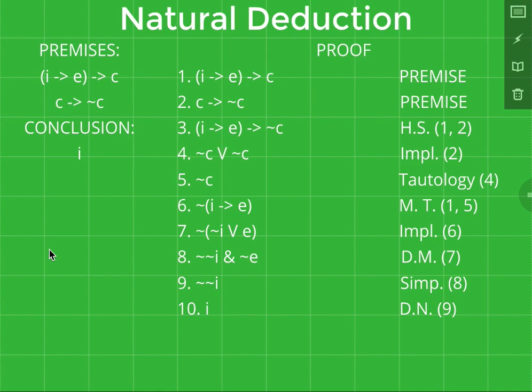For instance, with simplification, you have to have the conjunction as the main operator. Rules of replacement, such as double negation and De Morgan's laws, can be applied even to subformulas. Okay, that's a very important distinction to bear in mind.